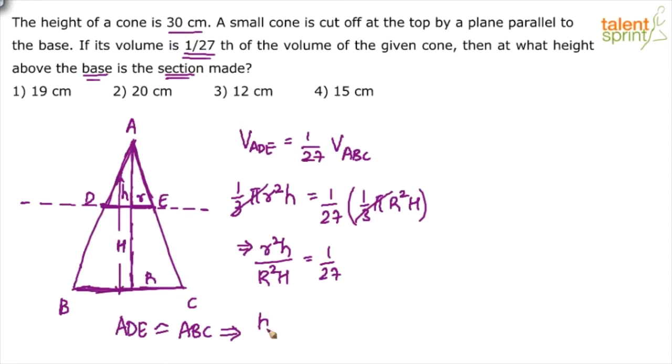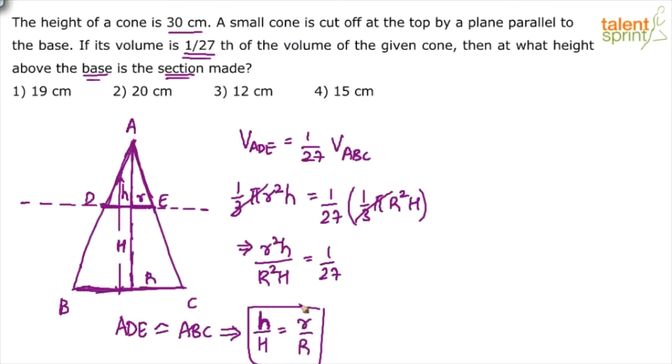So, I can say h by capital H equals r by capital R. This is a very, very important observation, because the 2 triangles are similar. So, this height by total height should be equal to this base by total base, basically 2r by 2R, but 2 and 2 get cancelled.